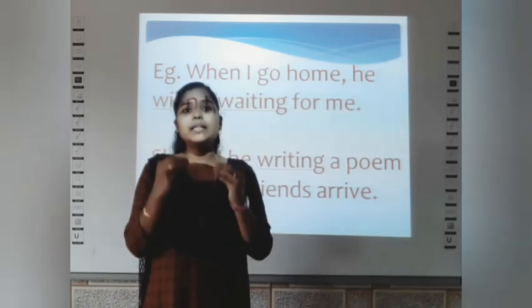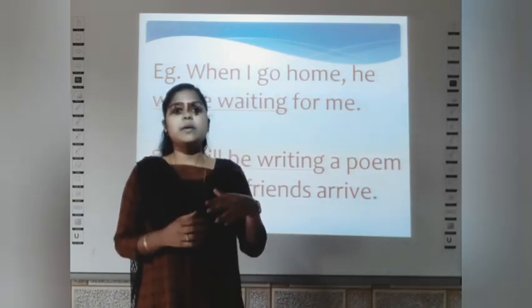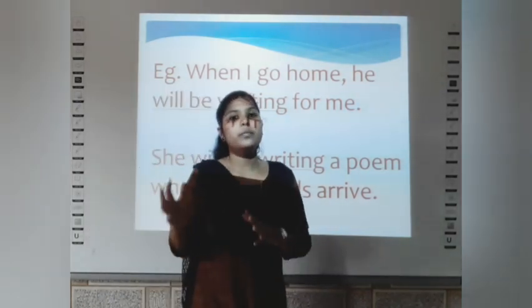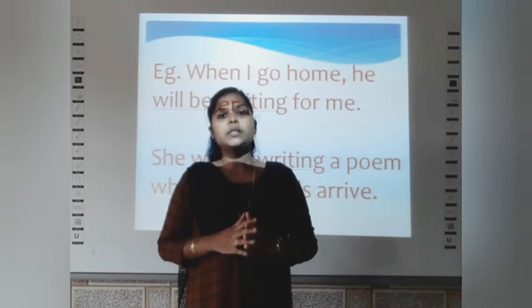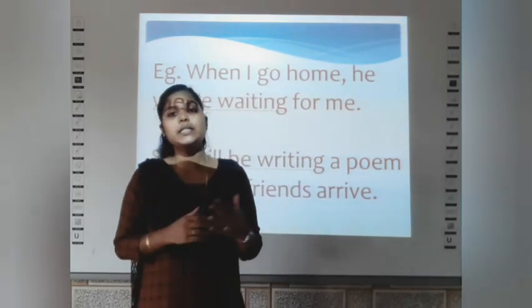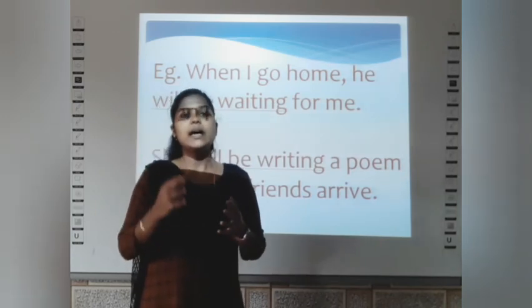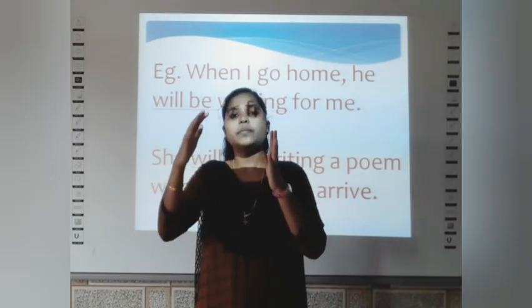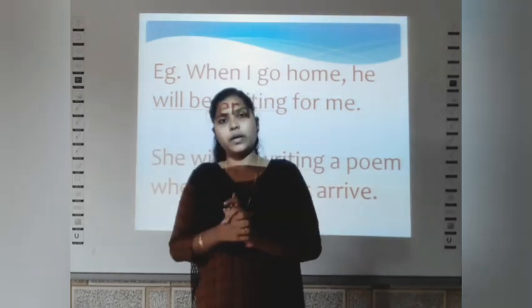They are expecting this activity from her. She will be writing or doing some activities at home when they reach. So future progressive or future continuous tense indicates expected future activities which will be continuously going on.